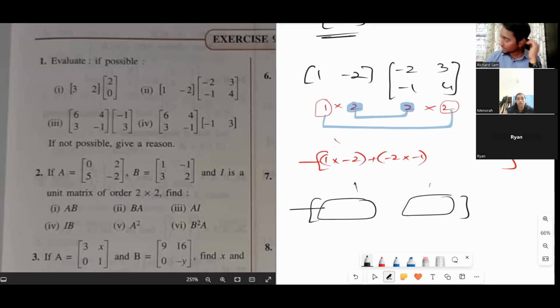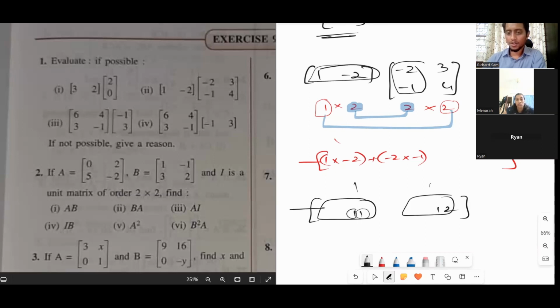Now to get this value, this one's position is first row, first column. And this second value's position is first row, second column. Correct? Which means if you want to get this first value, you have to multiply first row into first column.